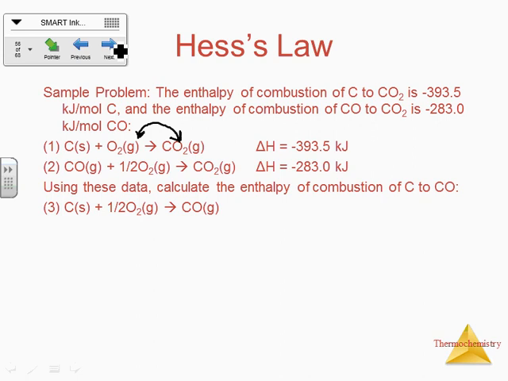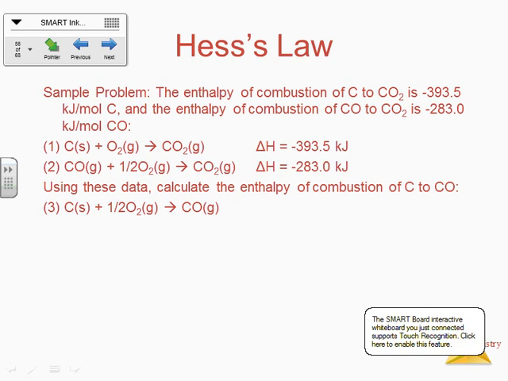Now if we flip that around, just thinking about what that might do to the delta H, and we talked about this the other day very briefly, if going this direction with reaction number 1 gives us negative 393.5 kilojoules, in other words, it's releasing that much heat, then to go back this direction, it's going to have to absorb that same amount of heat. So the delta H would then be positive. We'd have to change it to a plus 393.5. Okay? So that's one thing that you can do. Not saying we want to do that on this one necessarily, but you can do that.